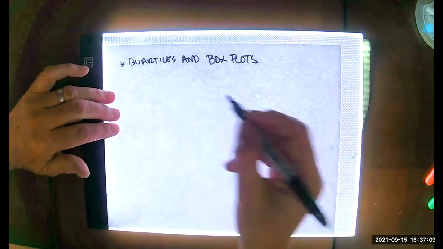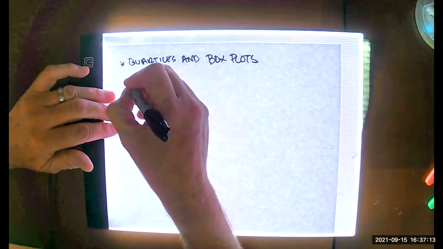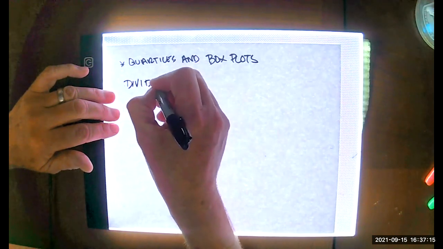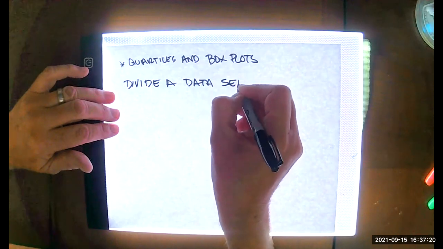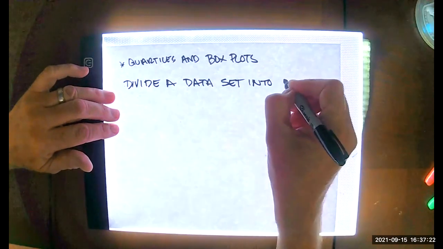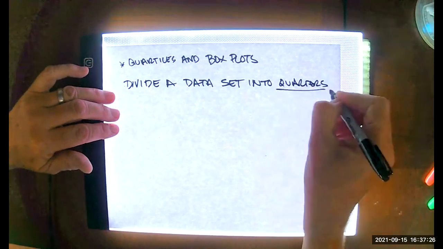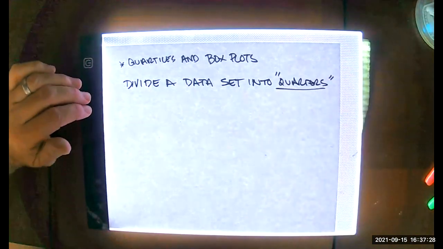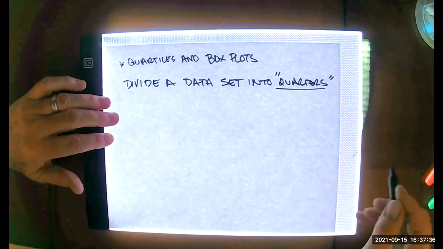All right, so if we divide a data set into quarters after putting it into some sort of order, we have quartiles.